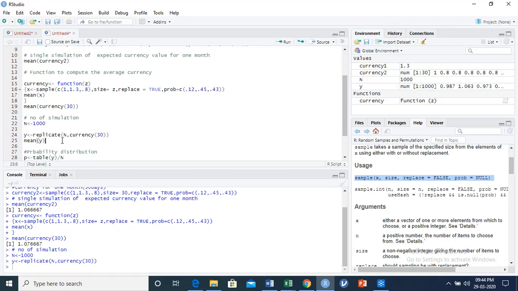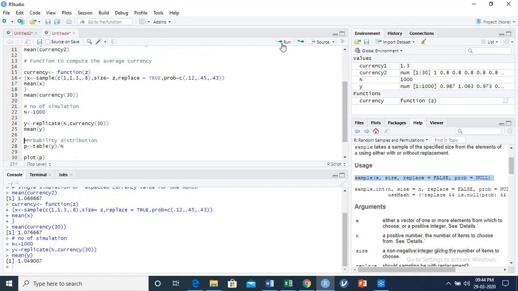And we get the mean value once again, 1.04. So after running the simulation 1000 times, it is also clear that the currency value is appreciating.